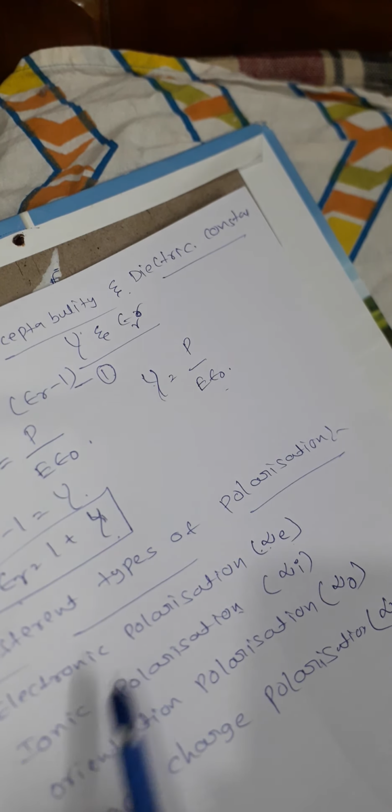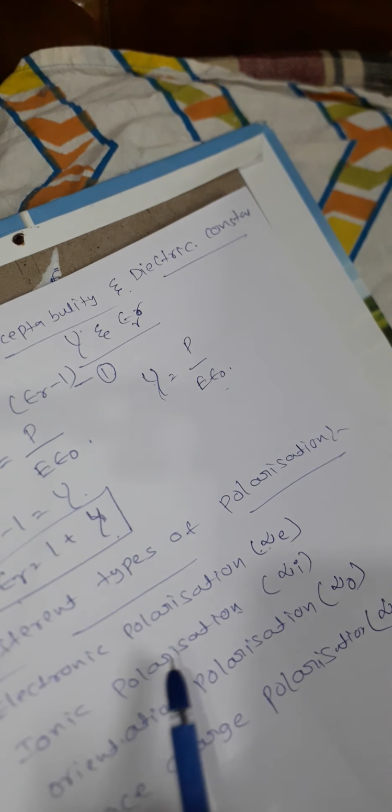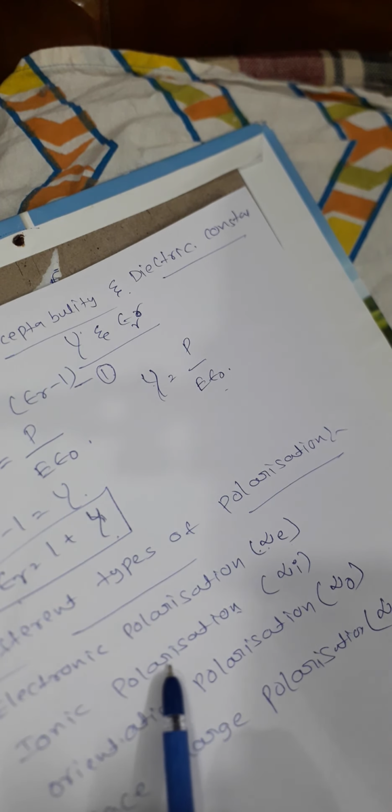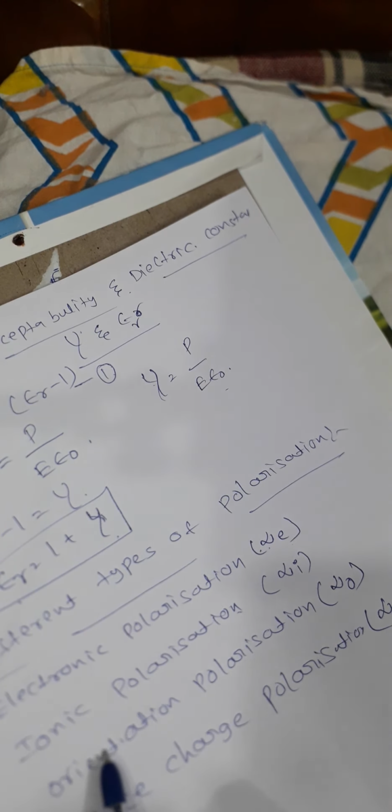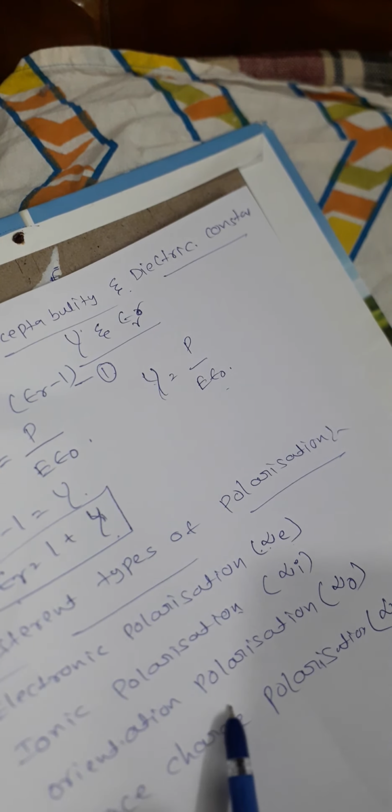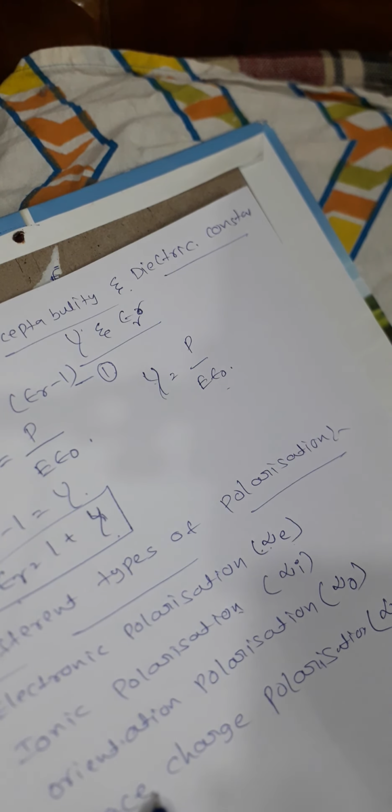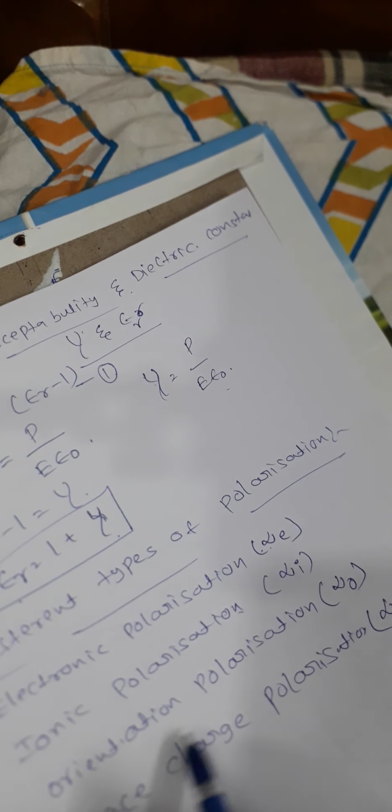Ionic means positive ions and negative ions; when the field is applied, the positive ion moves in the field direction and the negative ion moves opposite to it. Orientation polarization can occur in molecules; when the field is applied, they move in different directions. I will calculate alpha O also. Space charge polarization is the accumulation of charges in the space. What happens when the field is applied? These 4 will be discussed in the next class.